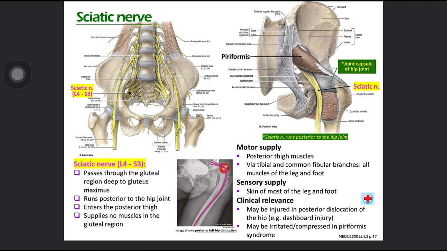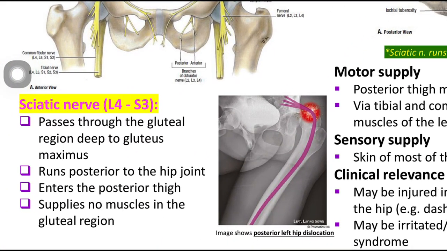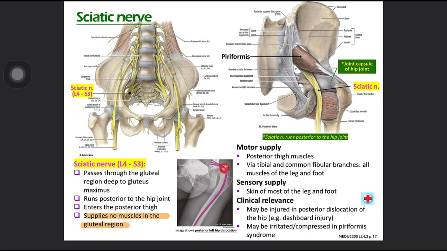So this nerve then enters the posterior thigh. I find it funny, right? It supplies no muscles in the gluteal region. It passes through the gluteal region, but it supplies no muscles there.